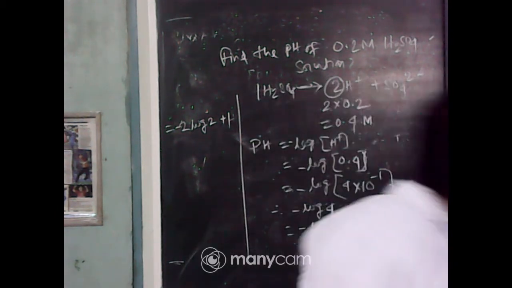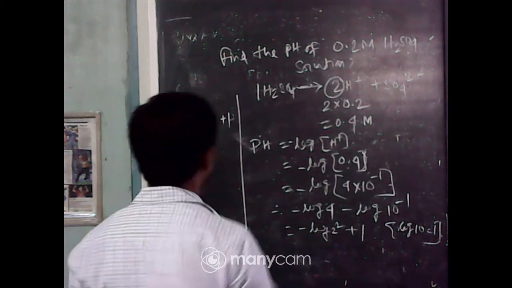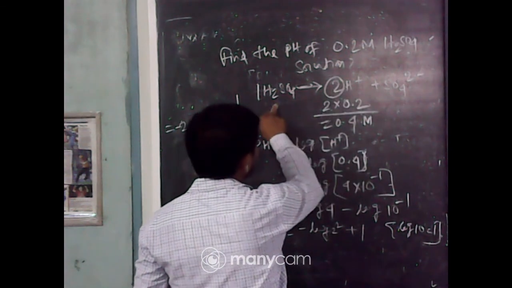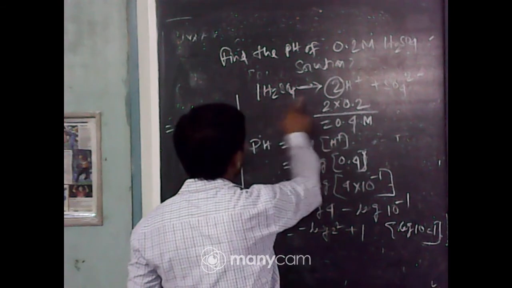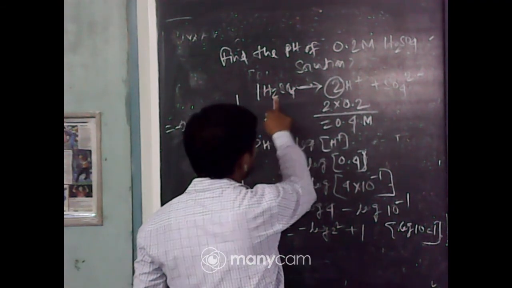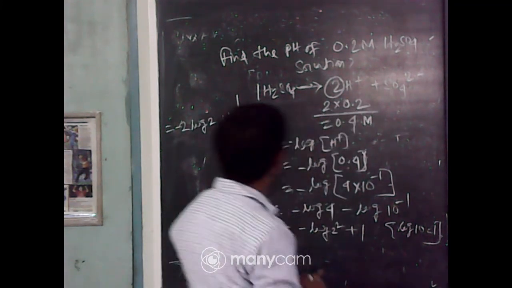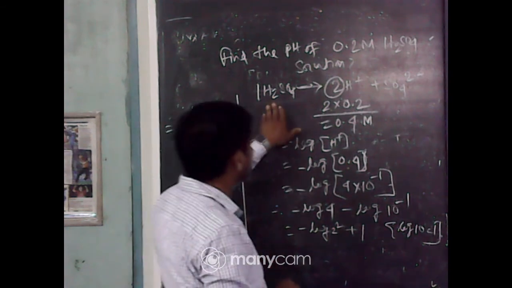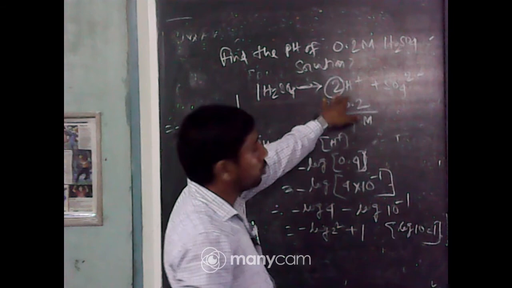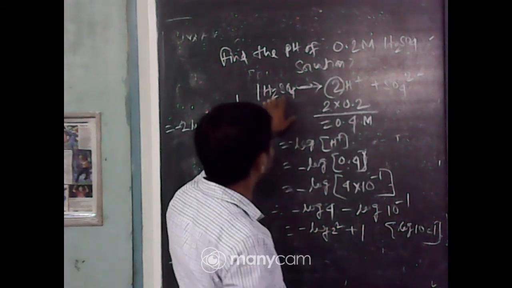Why 2 into 0.2? Okay, 2 into 0.2 because the concentration of acid was 0.2 molar. From 1 mole of H2SO4, 2 moles of H plus are produced. It is shown by the numerical coefficient, that is here 2H plus.